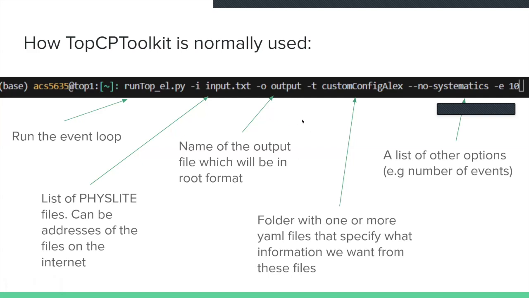This is just the name of your output file. This is where the real physics happens. So this is a folder full of YAML files, and this contains all the information about the files that you want to extract. And then here's some other options like no systematics, or I want 10 events, or stuff like that.